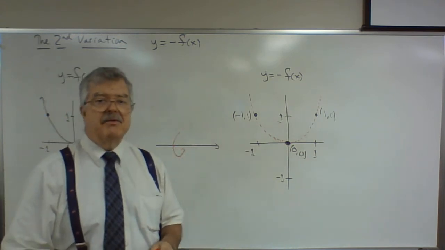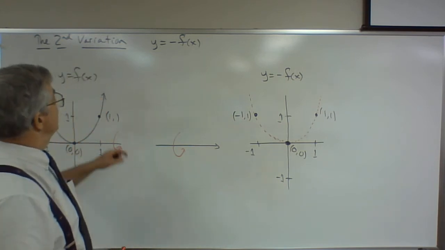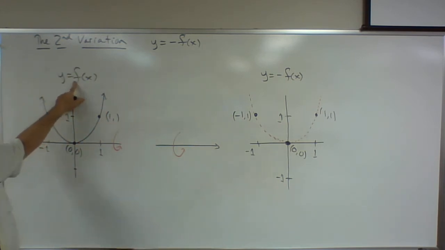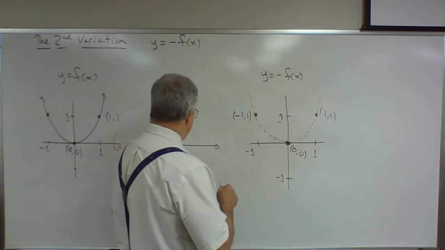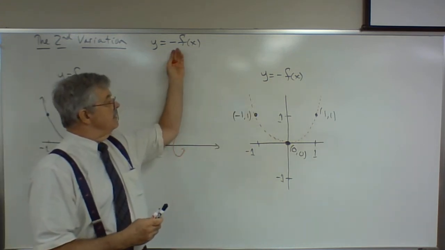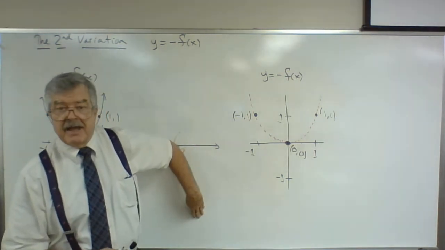What I have in red on the board is the original function. But when I take the original function and multiply the y coordinate by -1, that's going to rotate that graph about the x-axis.